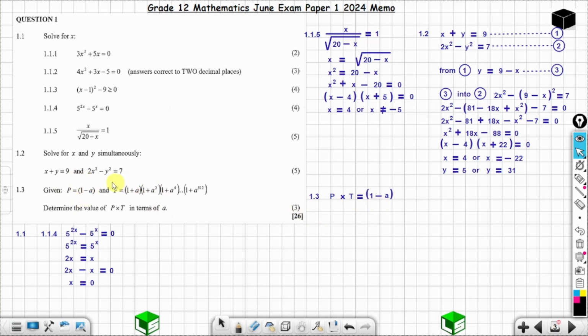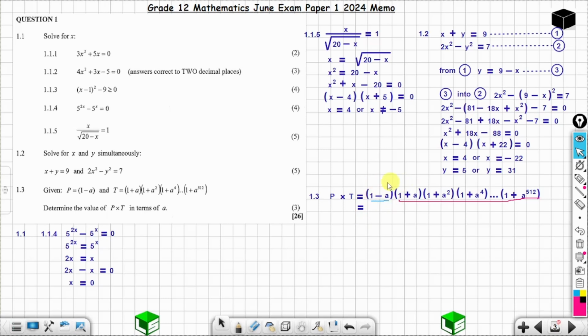So p times t. P is equal to this, and this is t. Can you see?